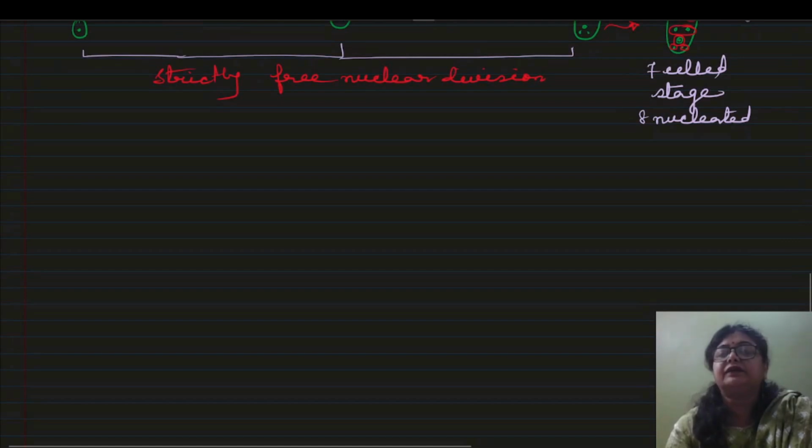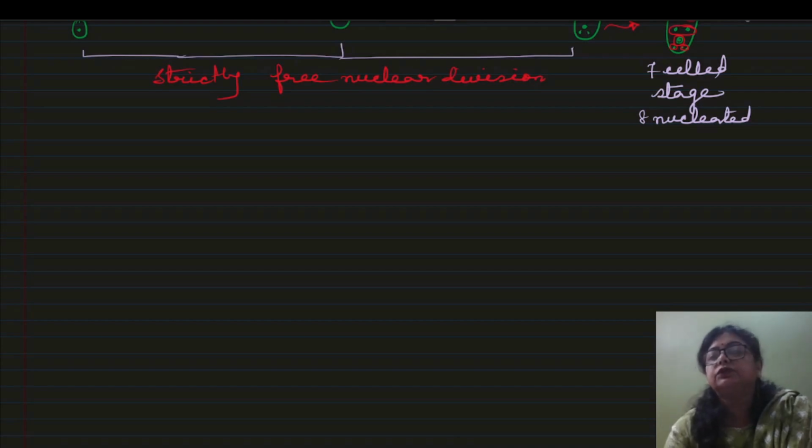For this, I have to draw the ovule. This is the ovary, and this was the ovule.